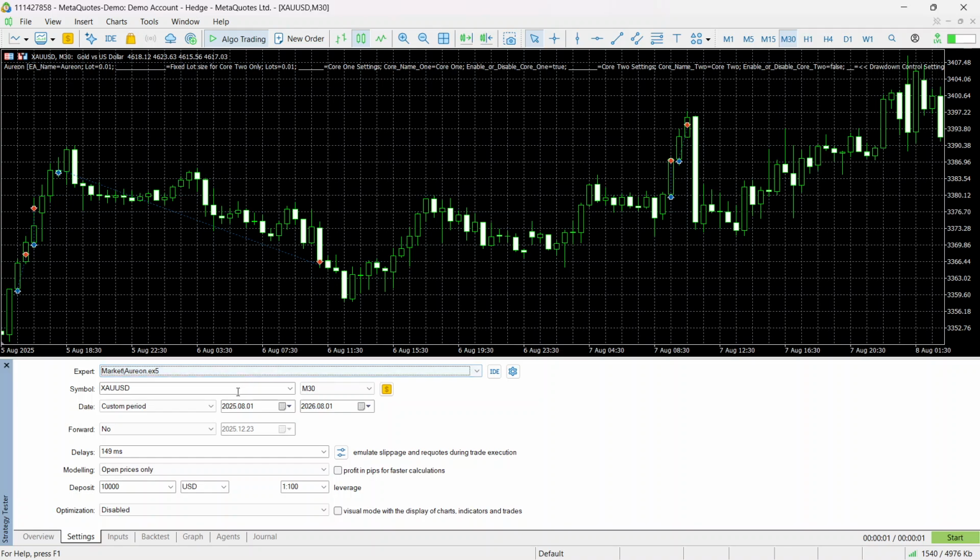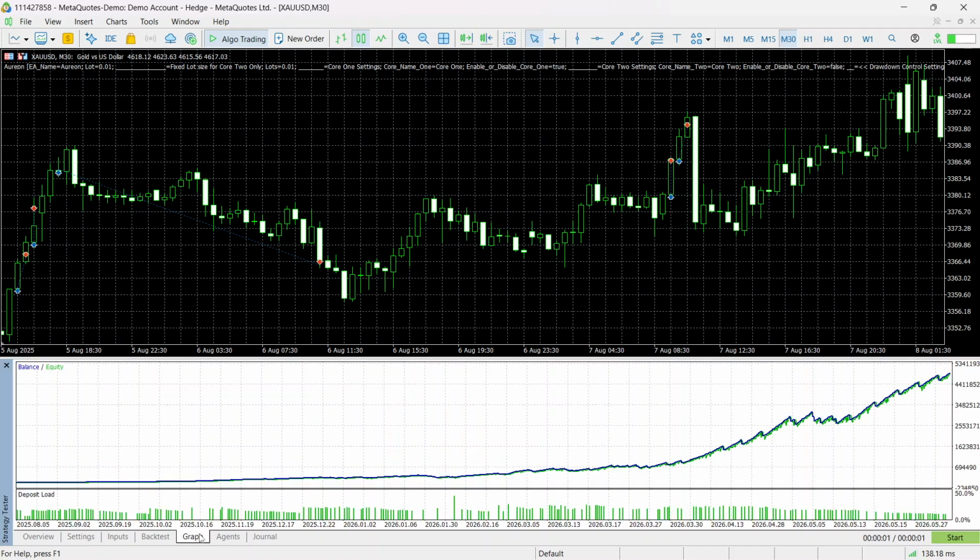Now looking at the historical backtest I ran myself, same symbol and time frame, roughly 1 year from August 2025 to August 2026, open price only. Starting with $10,000, the equity curve starts relatively flat for the first few months, then begins a steady climb and accelerates higher towards the end of the period, finishing near 4.7 million.